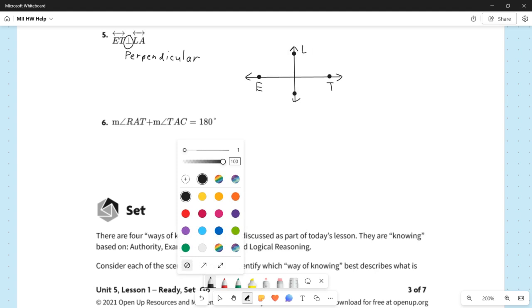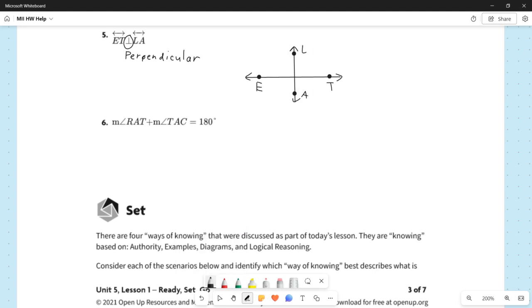And that's L and A. And in order to indicate that these two lines are perpendicular, we have to include somewhere in this intersection, most commonly in the top right, although technically it doesn't matter where, a box, just like that. And that box tells us that we have a 90-degree angle.